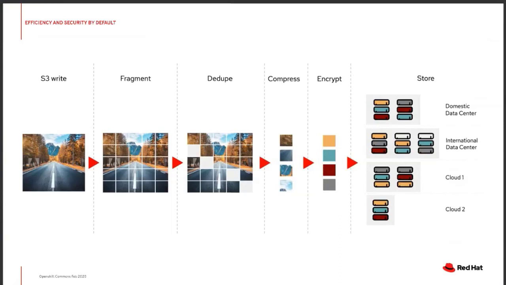Then with the residue we can compress that, so we can squeeze it together, then encrypt it, and we can then write it to whatever store we want and replicate things or spread it across multiple locations, perhaps, and the data is secured. So this is what Nooba can do for you, and an example of a use case with multi-cloud gateway using the Nooba technology.